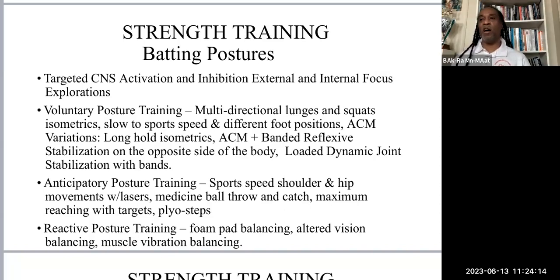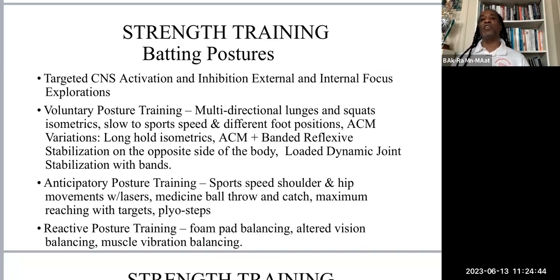And that's an example. So there are three postures that we train for movement that happens in life: voluntary posture, anticipatory posture, and reactive posture. Voluntary posture, that's the posture that we engage in when we are going to make a deliberate, conscious movement.